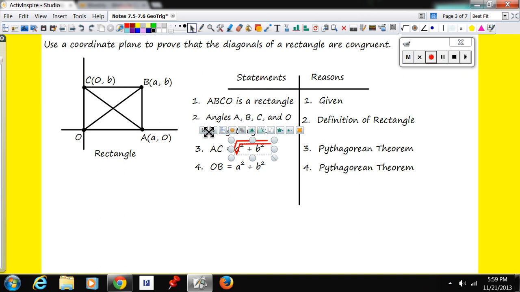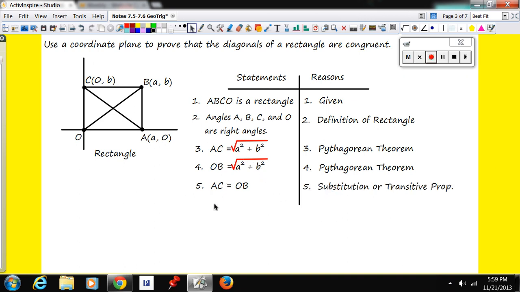Now we want to put this here. Okay, then for number 5, AC equals OB. These two have to equal each other because these two are exactly the same. So that's just going to be substitution. And that proves that the two diagonals are equal to each other. So there's a proof. Let's go to the next one.